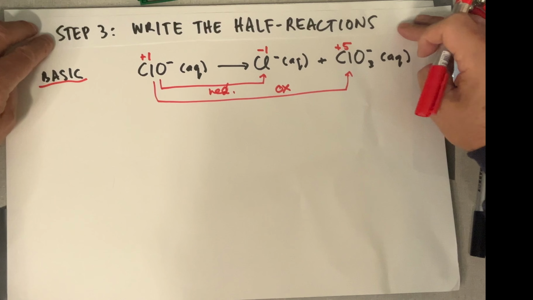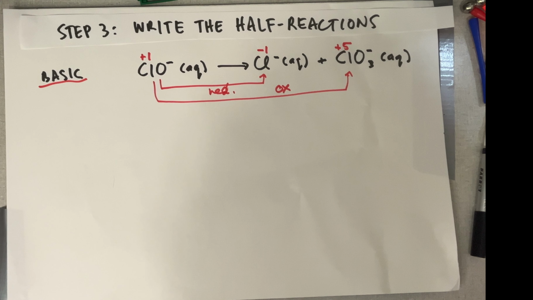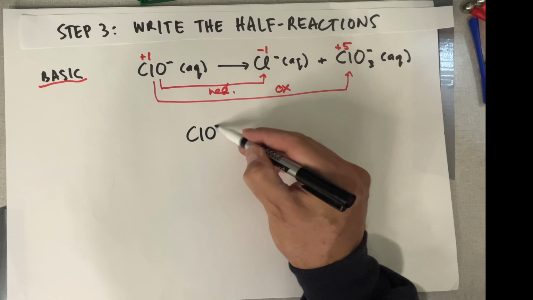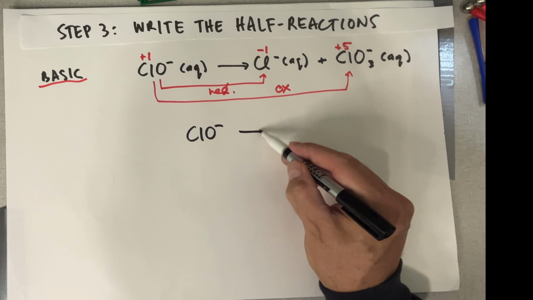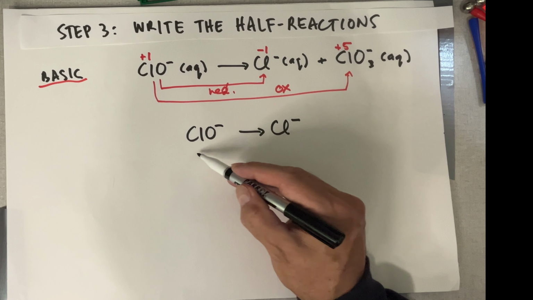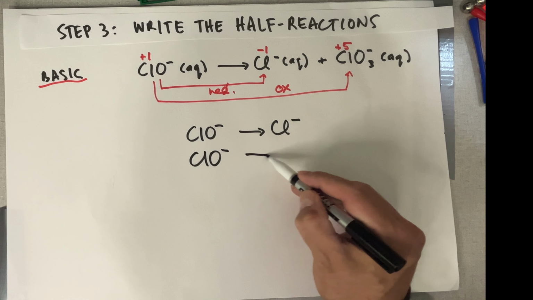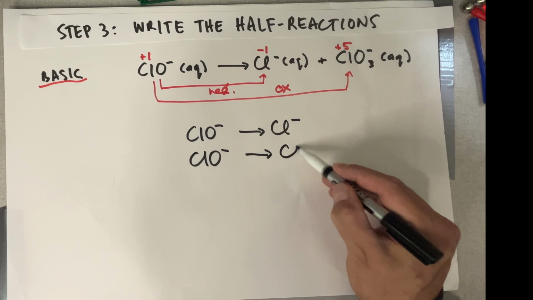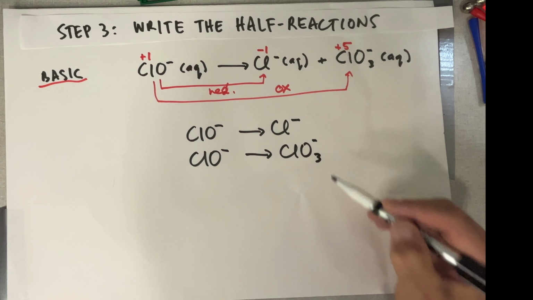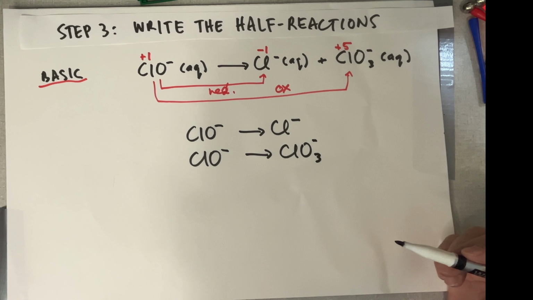Step 3, write the half reactions. So you have ClO minus that provides chloride, and ClO minus to become the chlorate ion.